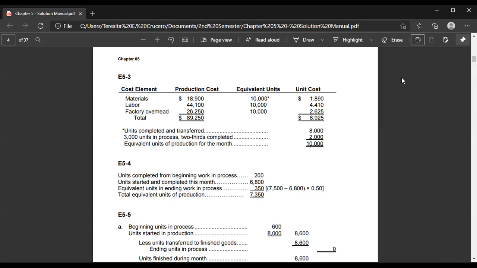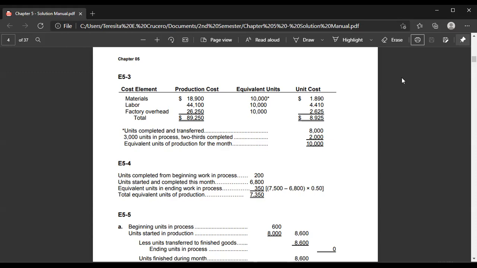So first, you have to determine the number of units to be accounted for. Actually, you have 200 units in the beginning inventory and 7,500 units just started during the period.